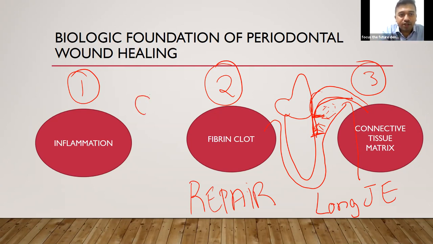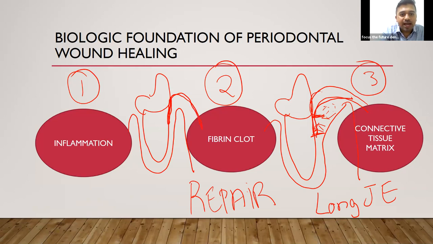I will draw this picture here again so that you understand. Okay, this is your alveolar bone and this is your epithelium. So the epithelium, whichever pocket depth was there, will just come and attach and protect the root surface. Okay, so this is what you call long junctional epithelium.